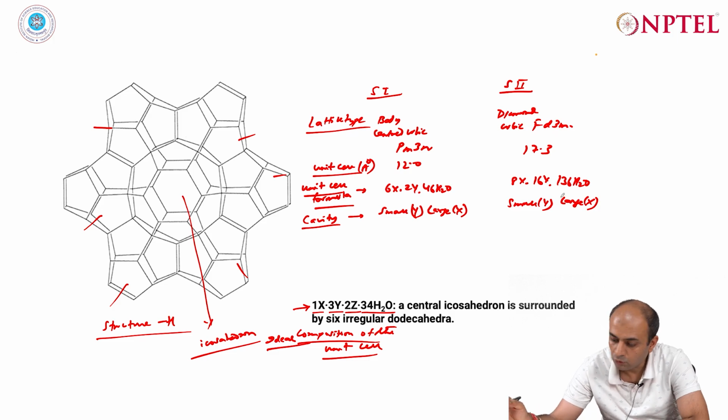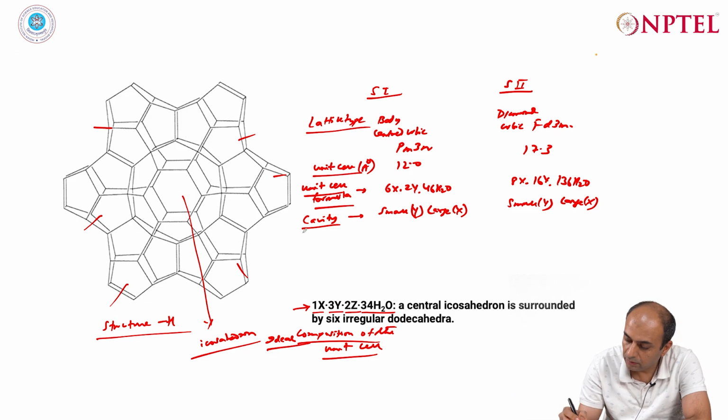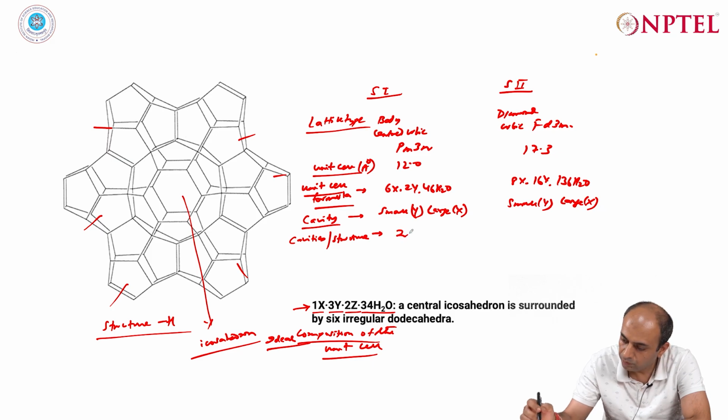Same is for the S2 structure. And what is the cavities per structure? It is 2.